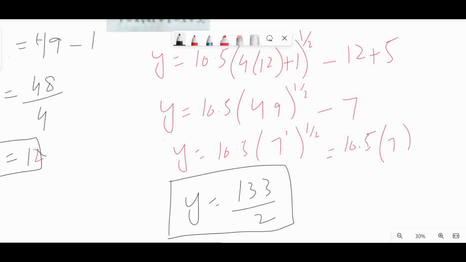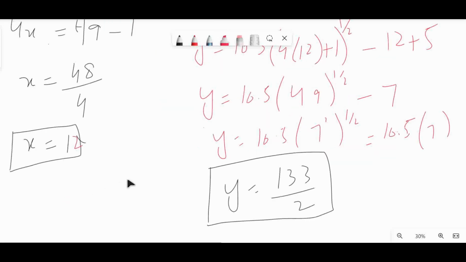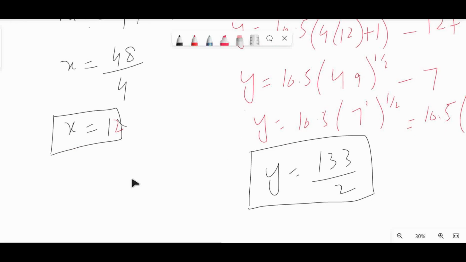Now we know that the gradient of the tangent was 2, so the gradient of the normal will be minus 1 by 2.